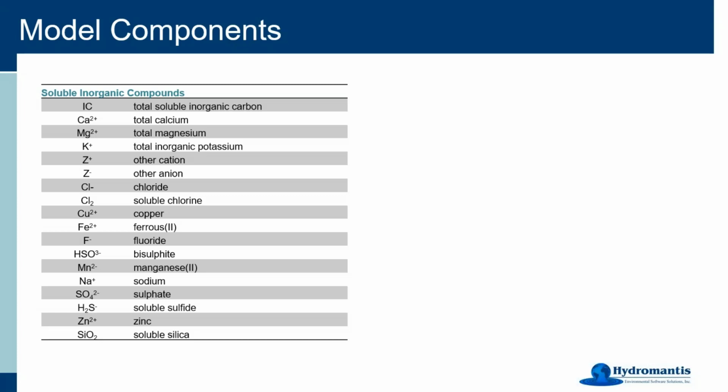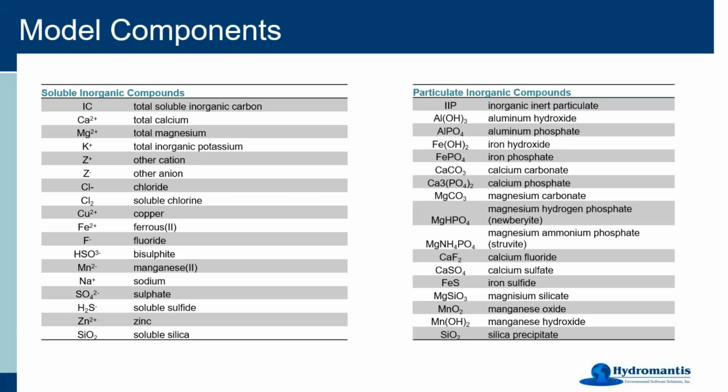But at present, those two components are not there. But you will see manganese, for example, iron, copper, chlorine, and some other common components like calcium and magnesium. They are there for you to input into the model and then track them as you simulate your system.